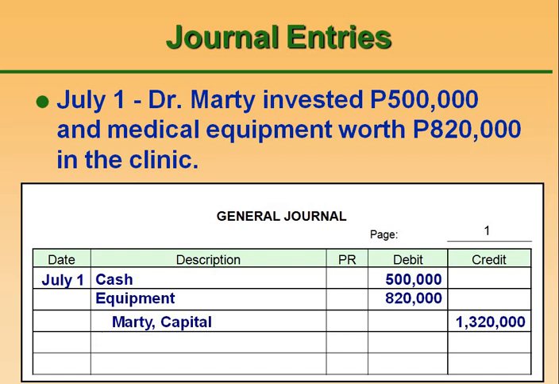Okay? But in other countries, they do not indent the credited accounts. Just the same, the account is understood to be credited, even though it is not indented, because the amount of the credited account is written under the credit money column.